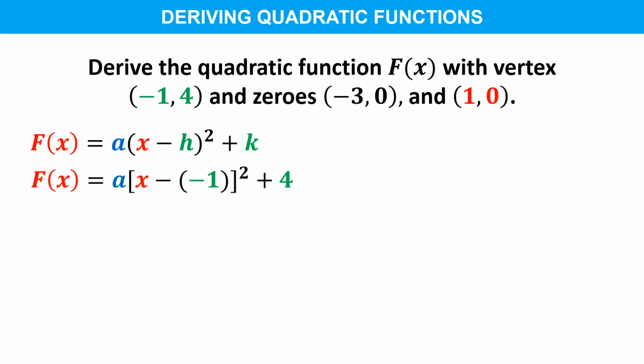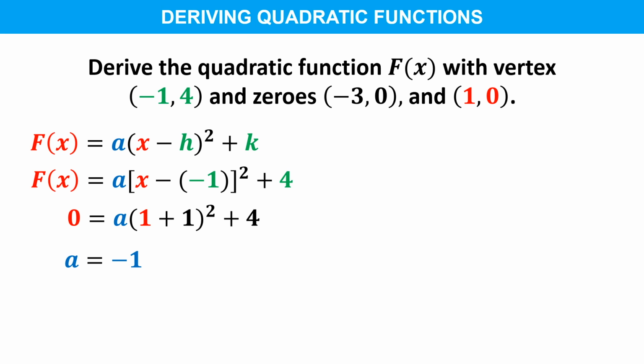Substitute the coordinates of the vertex to the vertex form. Then, take the coordinates 1, 0. That's one of the zeros of f of x. Substitute this to our equation. The result is an equation containing the unknown a. And solving this equation for a gives a is equal to negative 1.